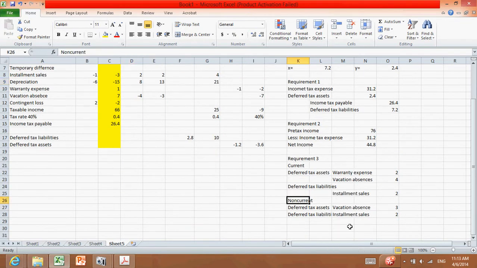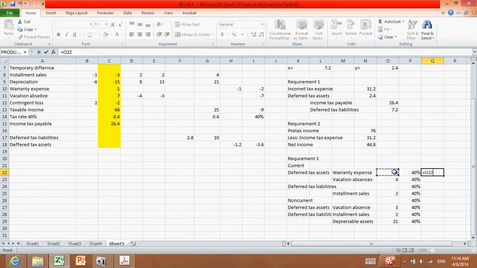And remember, I always have to multiply by the tax rate to find out the actual amount that will be tax deductible or taxable. This calculation will be copied for everyone.